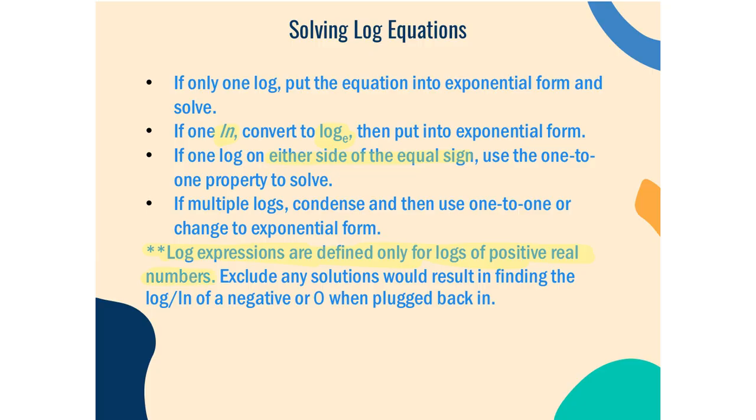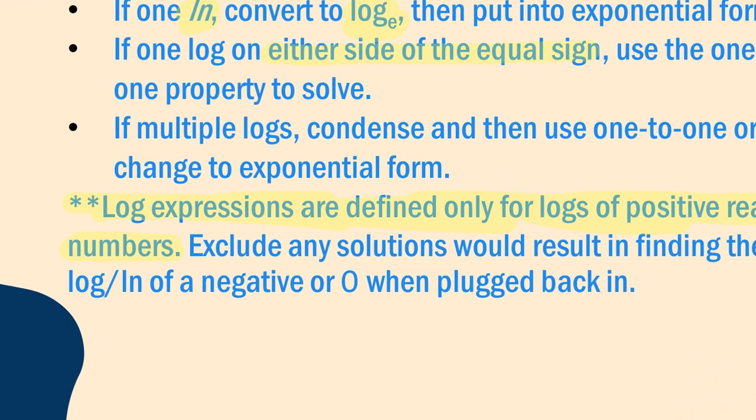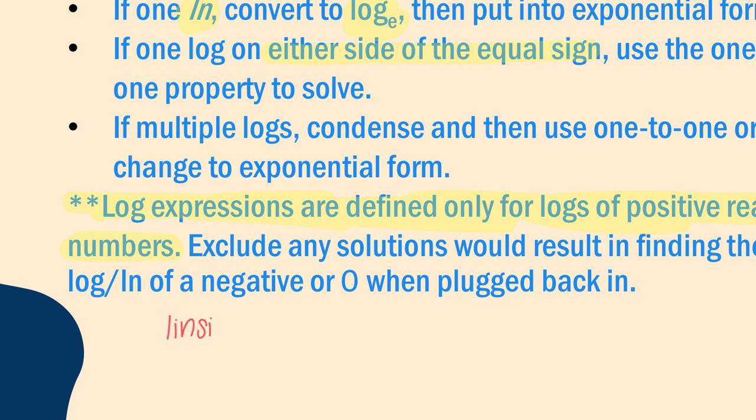So what does that mean? It honestly depends on what you get as an answer. If you get multiple answers, this kind of tells you the rule and what your answer is going to be. So inside of log, it must be positive.